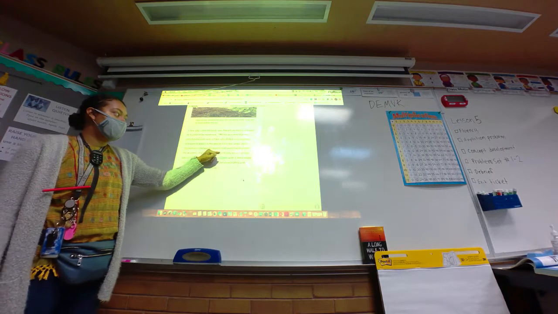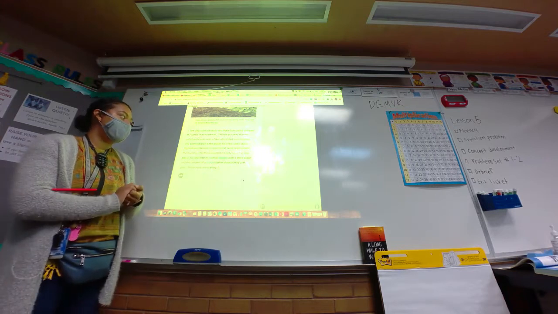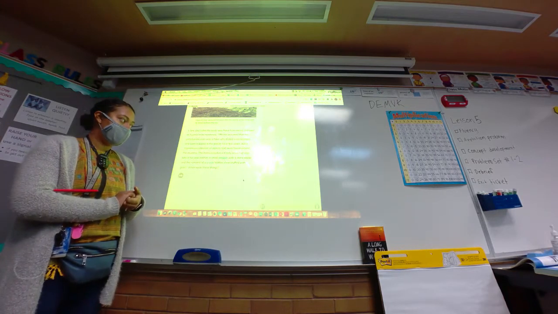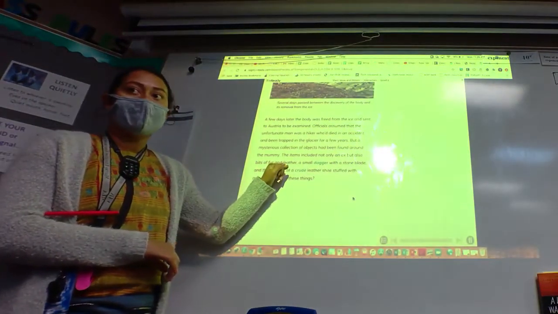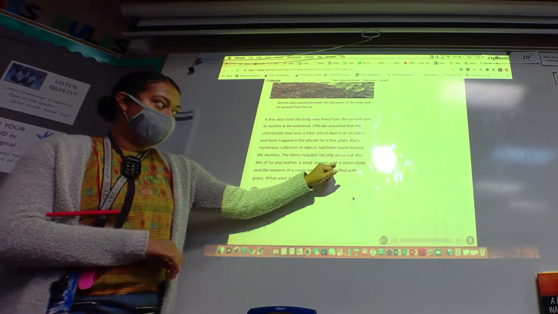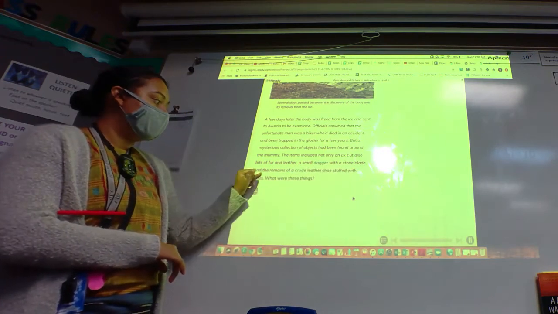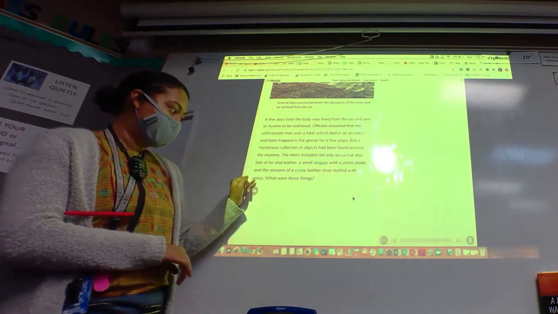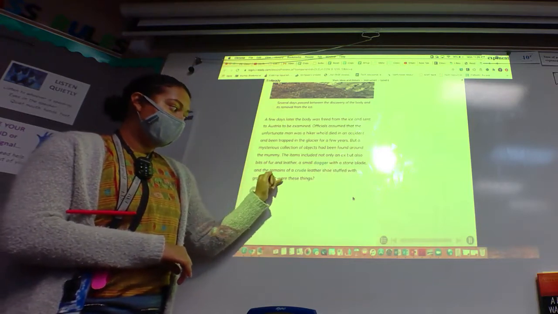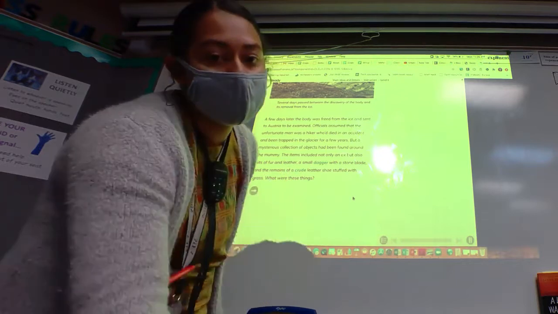A mysterious collection of objects had been found around the mummy. The items included not only an axe, but also bits of fur and leather, a small dagger with a stone blade, and the remains of a crude leather shoe stuffed with grass. What were these things?